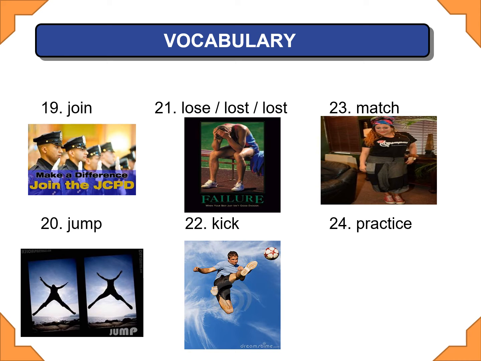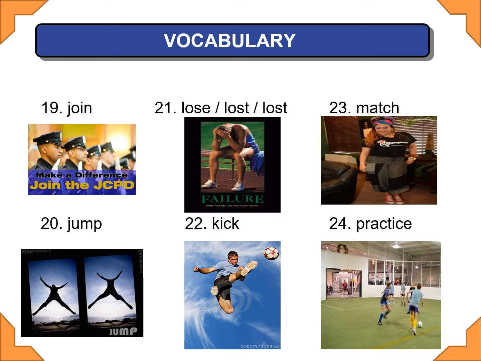Jump. The action is not only the noun, but the action to use your legs and arms to impulse yourself from the surface up and down. Kick. Kick means using your legs to push something. Like for example, in a soccer game, you use your legs to kick the ball. Practice. Practice is a way to exercise. For example, right now you are practicing. I hope you are repeating after me the pronunciation of this vocabulary, right?